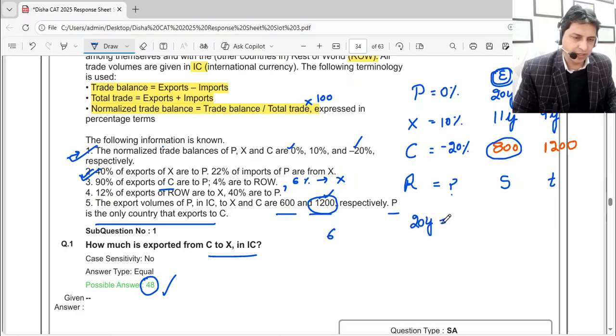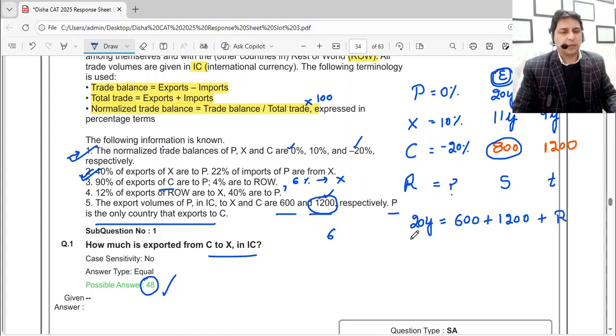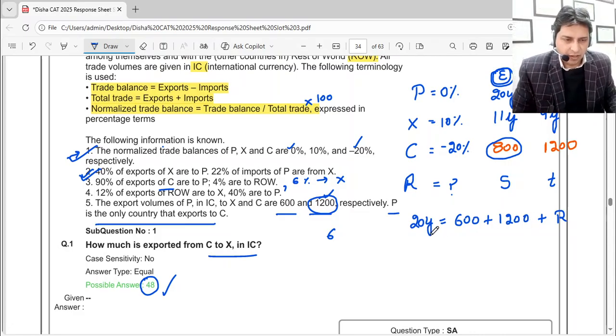So P is sending 600 to X, 1200 to C, and the remaining will be going to ROW, which we have to find out. That means we need to find out the value of Y so we can find out the value of ROW. Now how to find out the value of Y? Let's see that.